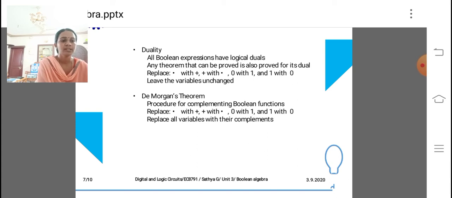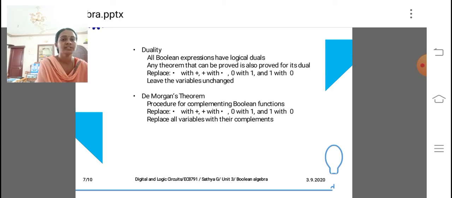De Morgan's theorem is classified into two types. That is, AB the whole bar is equal to A bar plus B bar. That is, the complement of a product is equal to the sum of the complements. That is the first condition.